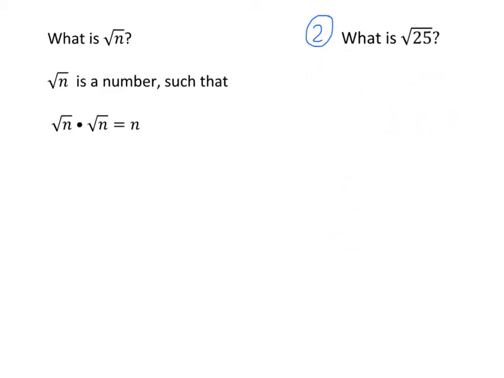Let's look at one other real simple example before we look at something a little bit more complicated. What's the square root of 25? Again, you probably know the answer, but I want us to remember what this definition tells us. Whatever the square root of 25 is, if I multiply it times itself, that better get me 25.